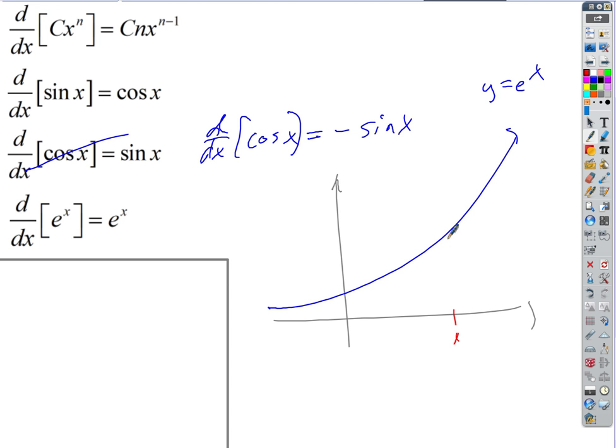Any x value I pick, the value of the function is e to the x. What's the slope? e to the x. That's crazy, right? The slope always equals the value of the function no matter where you evaluate it. But that's one way to think of the definition of an exponential function, as a locus of points that meets those criteria.